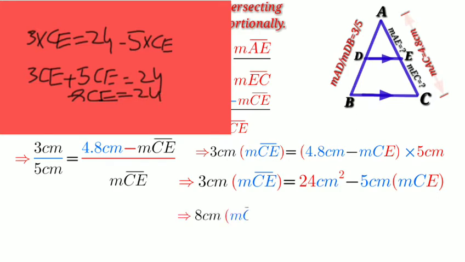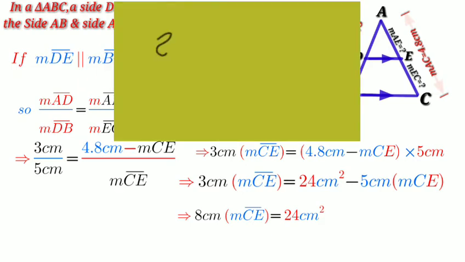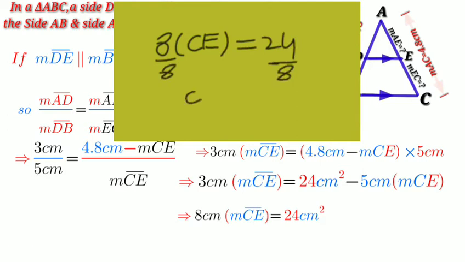On adding 3 side CE plus 5 side CE, it will become 8 side CE. So dividing both sides by 8, then value of side CE will become 3 centimeter.